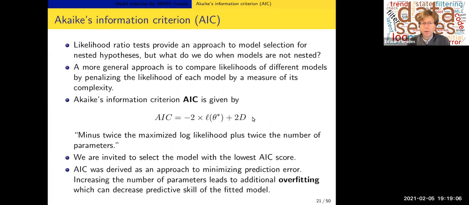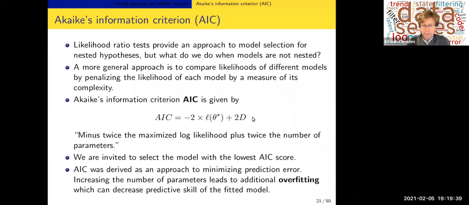A very common technique is this AIC, which compares likelihoods of different models by penalizing the likelihood of each model by a measure of its complexity, which here is penalizing by twice the number of parameters in the formula. AIC is minus twice the maximized log likelihood plus twice the number of parameters. And we're trying to minimize AIC. So the plus 2d is then a penalty.